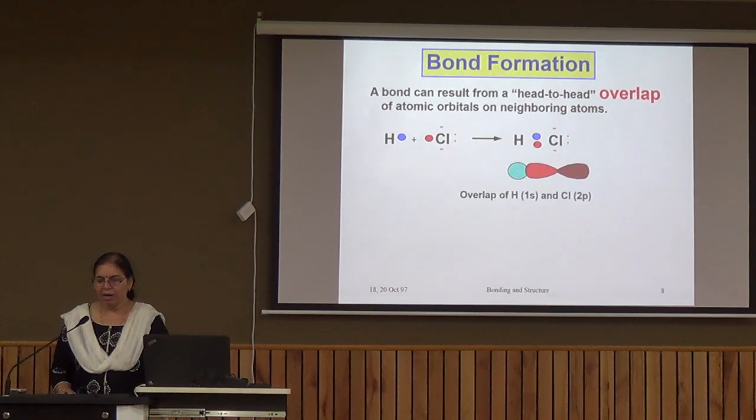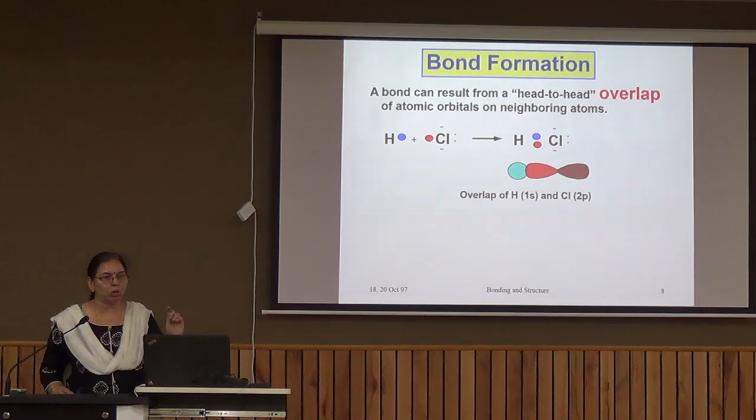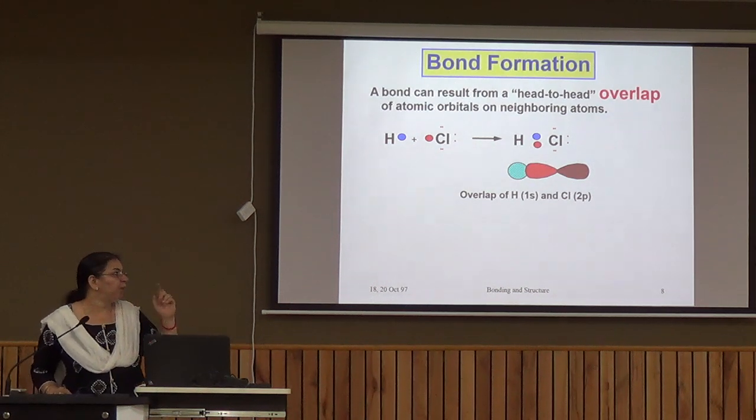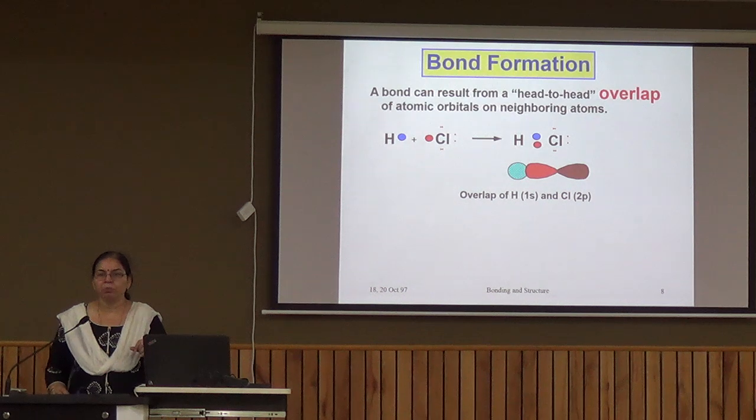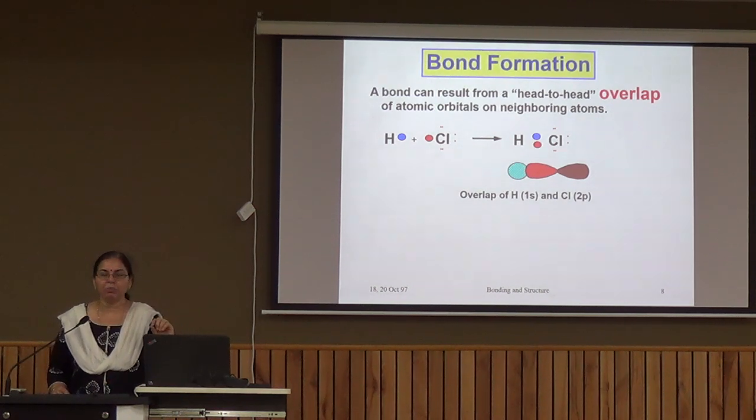Now see, in HCl the bonding is formed between the s orbital of hydrogen and the p orbital of chlorine, because chlorine's p orbital has 5 electrons, and hydrogen has 1 electron in the s subshell.